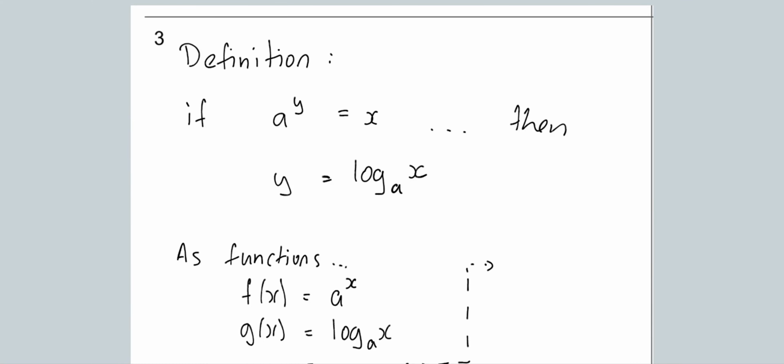Now, don't write this down, but I'll give you a very quick example. If I said log base 3 of 27, what I'm doing is asking myself, 3 to the power of what gives me 27? The answer is 3. So log base 3 of 27 is equal to 3. Does that mean you can say log base 3 of 27 is equal to log base 2 of 8?